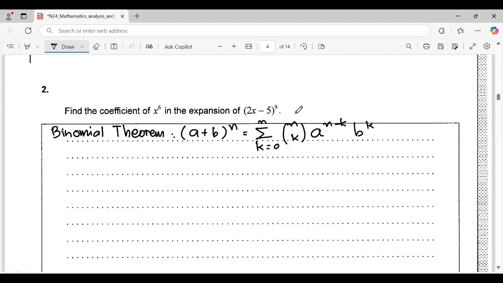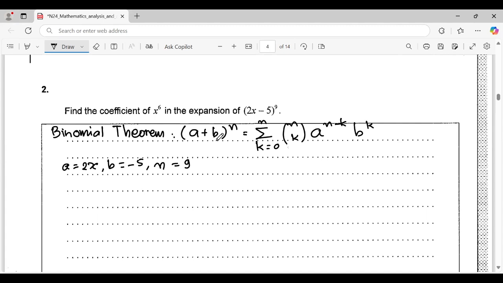In this case, a equals 2x, b equals minus 5, and n equals 9. Next, we need the term where the power of x equals 6, because we are going to find the coefficient of x power 6.